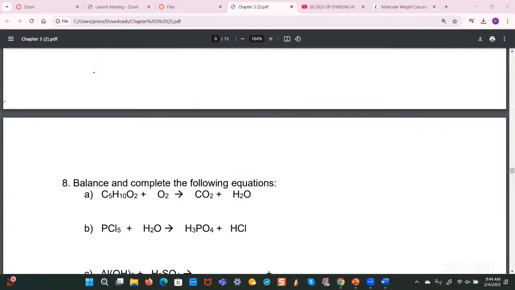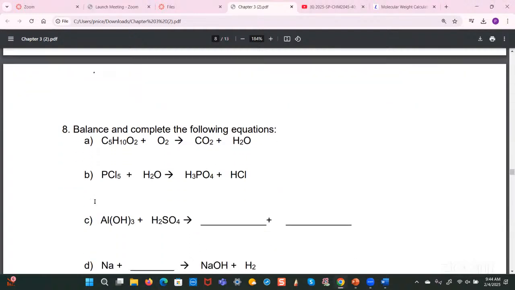You're saying that this should be 2, and this should be what? 13. This is 10 and 10. Yeah, that's correct. Okay, what about the next one?